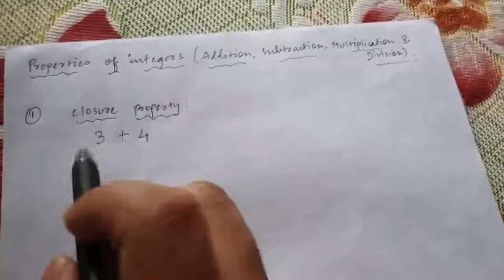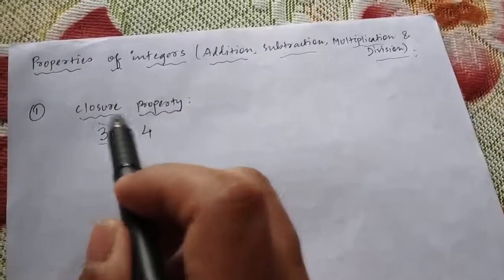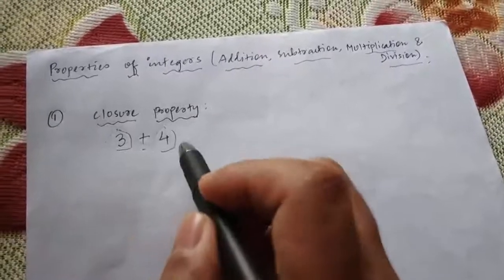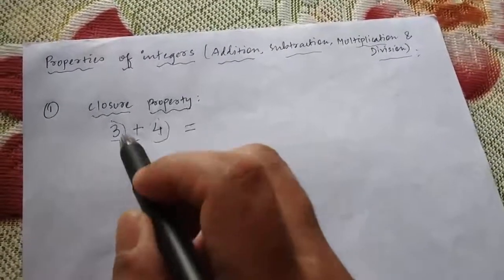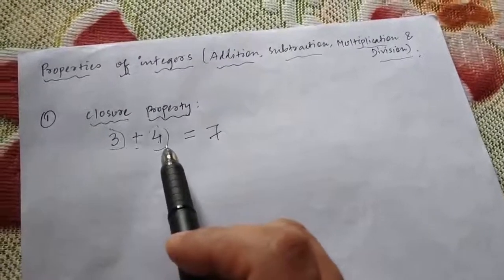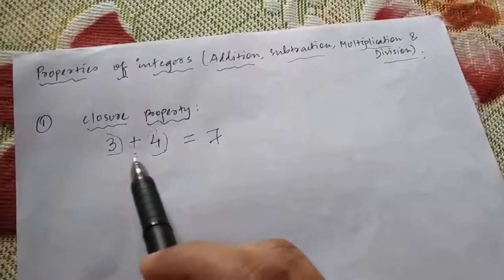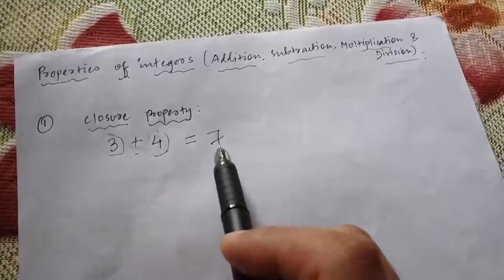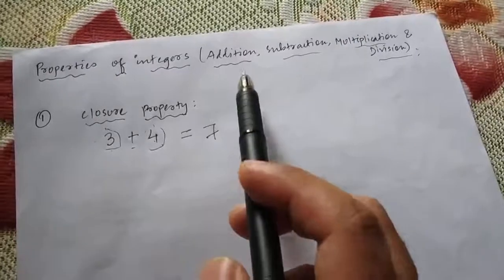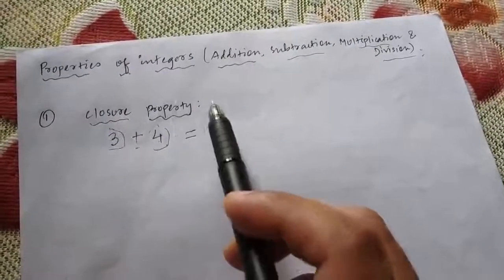I have taken one integer 3, one integer 4 and the operation is addition. So 4 plus 3 is 7. See here, 3 is an integer, 4 is an integer, and after doing the operation we got an integer itself, that is 7 is also an integer. So yes, for addition the closure property is true.